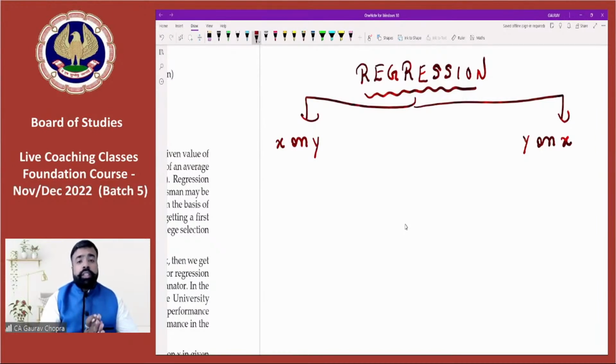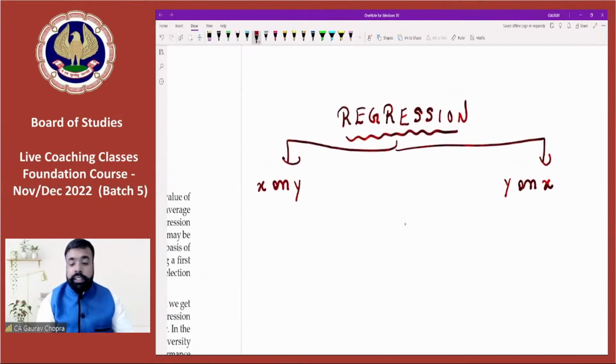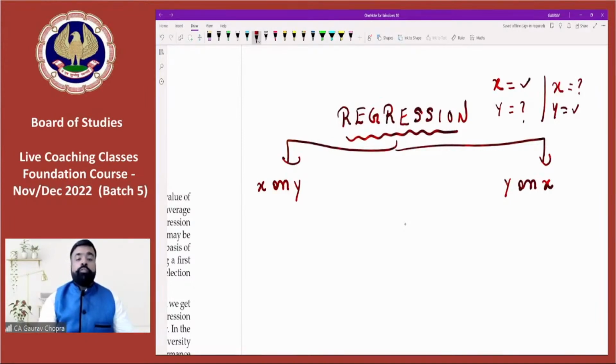So in regression, there are again two variables, just like correlation. In correlation, we discussed the relationship between two variables, x and y. But in regression, we will estimate the value of one variable. Let's say if x is given, then we have to find y, or if y is given, then we have to estimate the value of x.